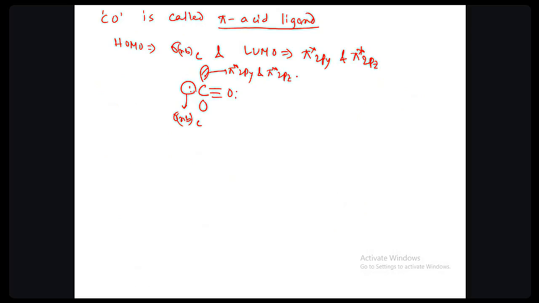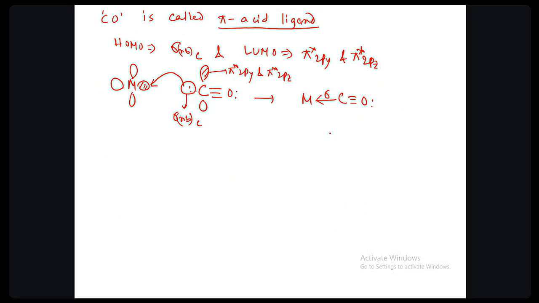Now what actually happens? When the metal comes, the metal has a vacant d orbital. So the CO donates to the metal's vacant d orbital to form a metal-carbon sigma bond.